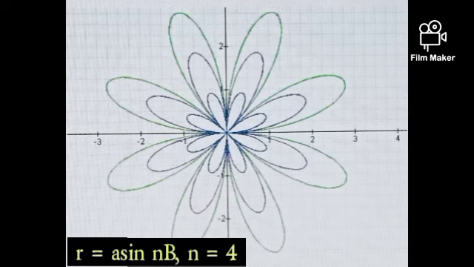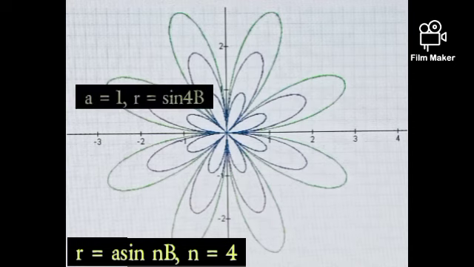Consider the polar equation r equals a sine nb. We now fix the value of n at n equals 4, and we will assign values to a.